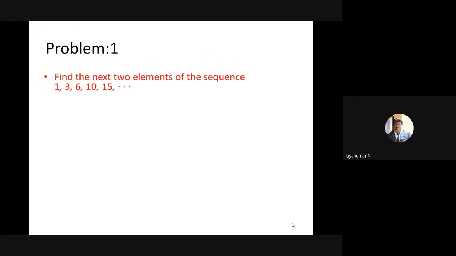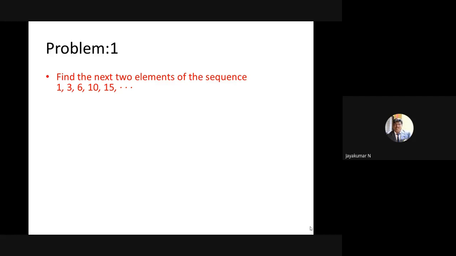Please answer this question, because already you have attended many competitive examinations, like placement training. In the training, definitely you have one section, the aptitude test. So a simple one, please anyone answer me: find the next two elements of the sequence.